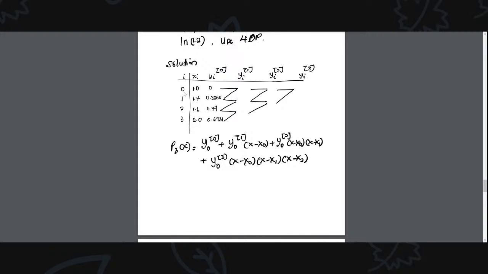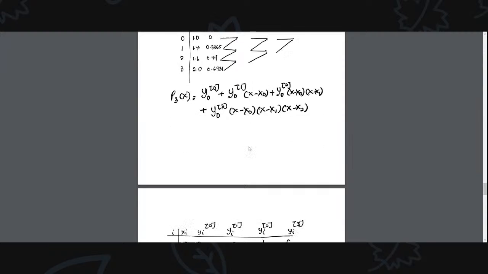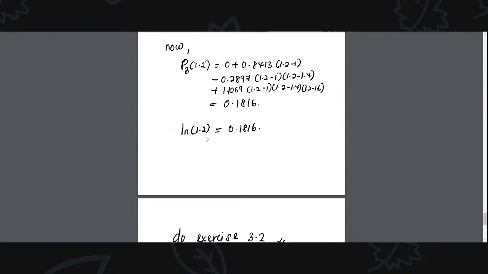Here y[0...] is the first row of the table. You fit all the values, and you get ln 1.2 as 0.1816. However, ln 1.2 on the calculator is 0.1823. So the error of 0.007 is the absolute error, which shows that Newton divided difference does not converge too closely to the exact solution.